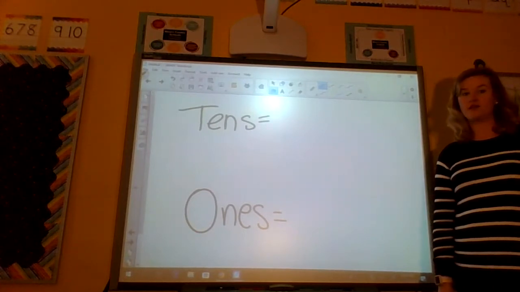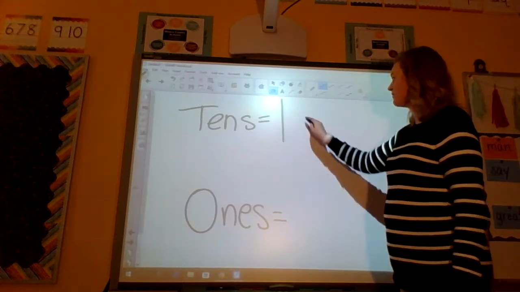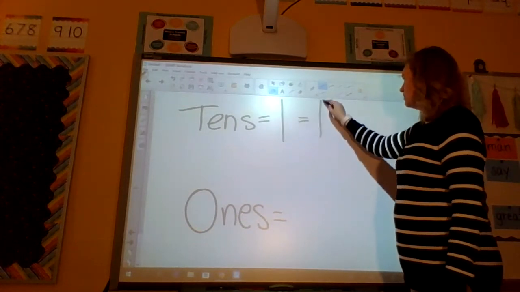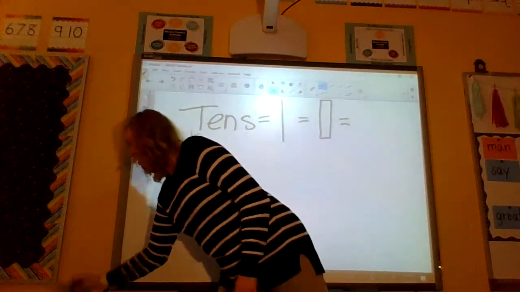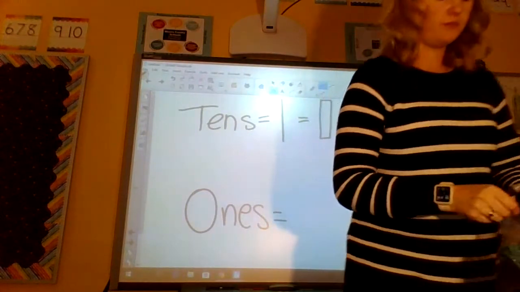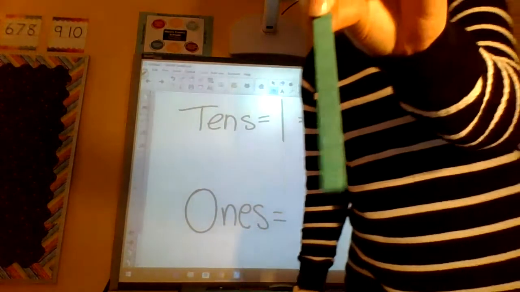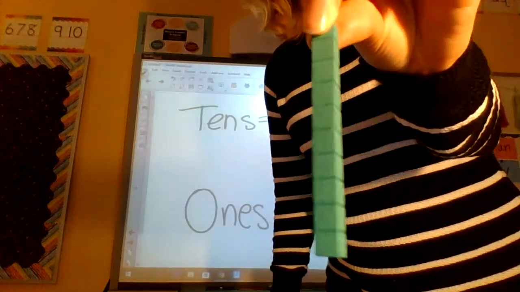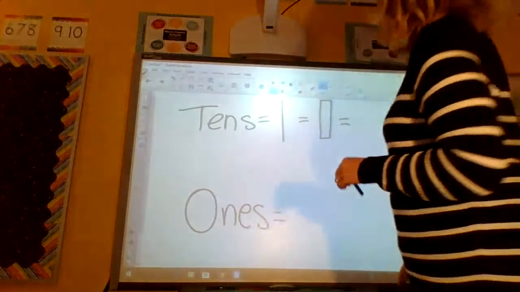Right. Okay, so tens can look like a stick. It can look like a rectangle. And if I showed you what a tens looks like, a tens is 10 ones cubes stacked on top of each other.